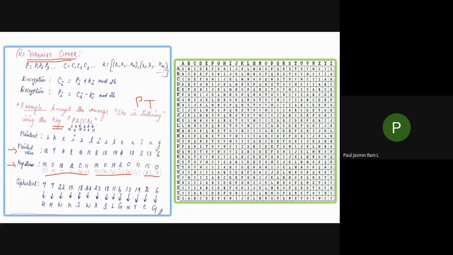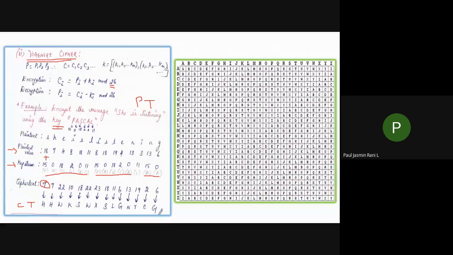You find the corresponding numbers and add them to the plain text individually. When you add 18 plus 15, you get 33. Then you do mod 26, and you get 7. So 7 is your ciphertext, and the corresponding letter for 7 is H. So this is your ciphertext.